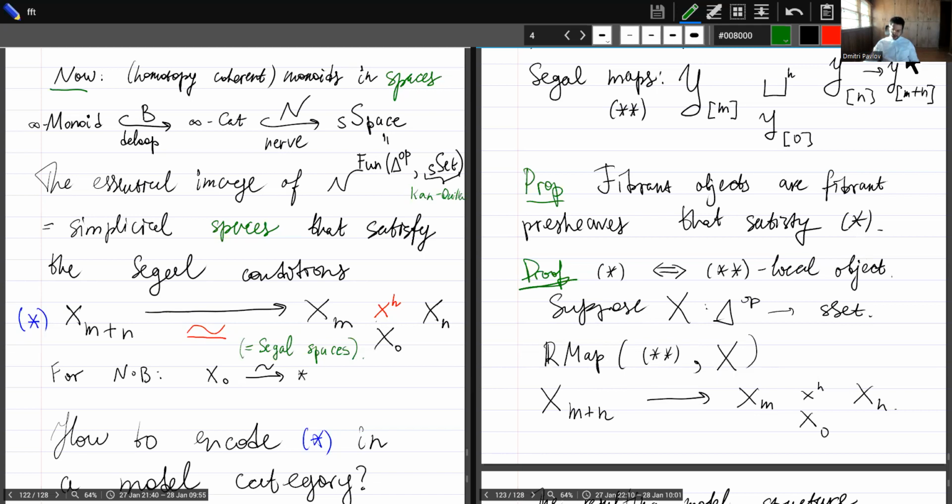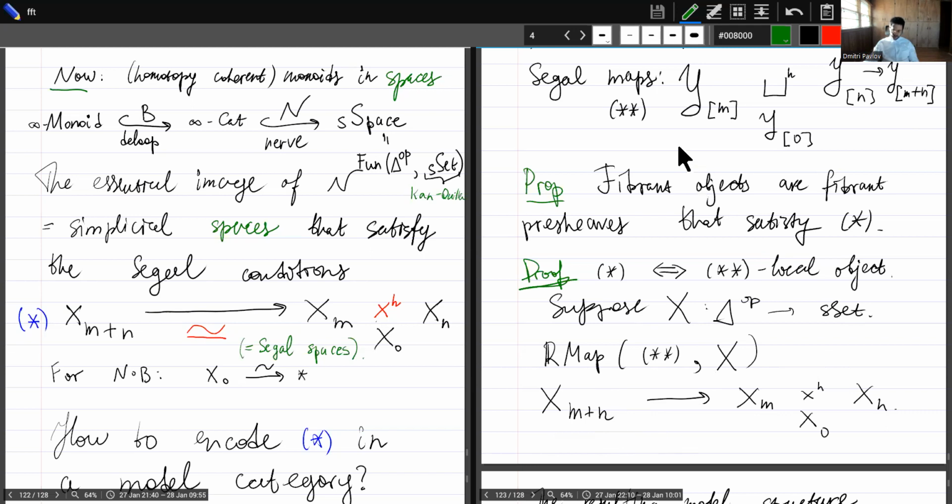And when you map, for example, a representable presheaf over the M plus N simplex into X, since the representable presheaf is projectively cofibrant, you can compute this derived mapping space as the evaluation of X at the M plus N simplex. And that's why on the left side, once I map the codomain into X, I get the value of X at the M plus N simplex.